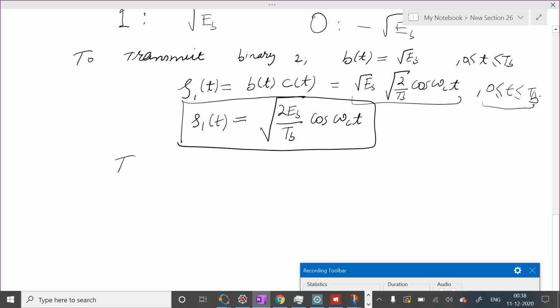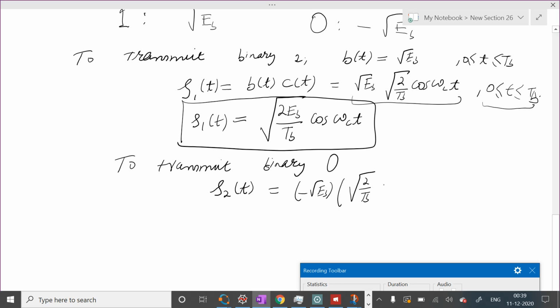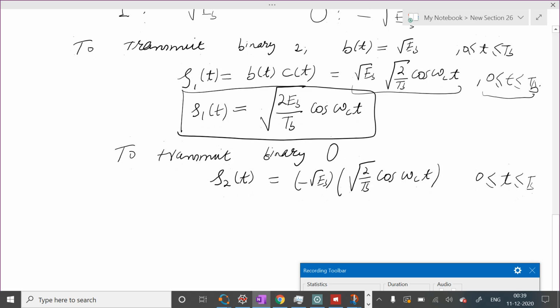And to transmit binary 0, we will write s2 of t as minus root Eb, so this is one way, times under root of 2 over Tb cos omega_c t, again for 0 less than or equal to t less than or equal to Tb.